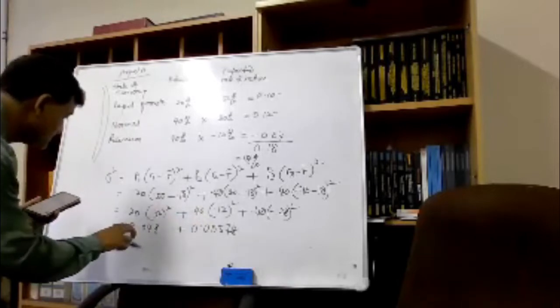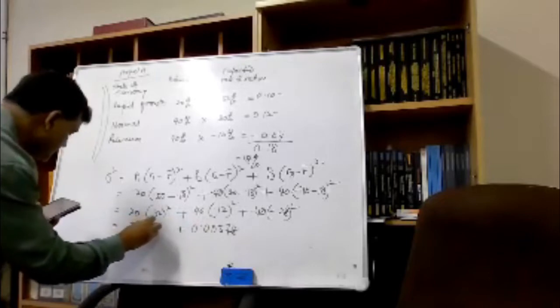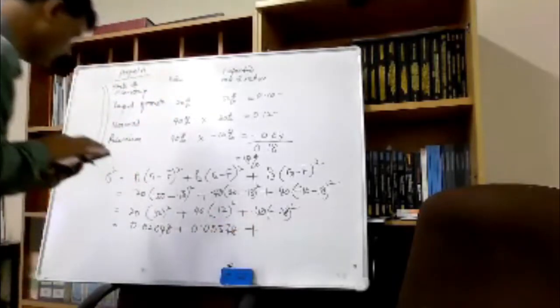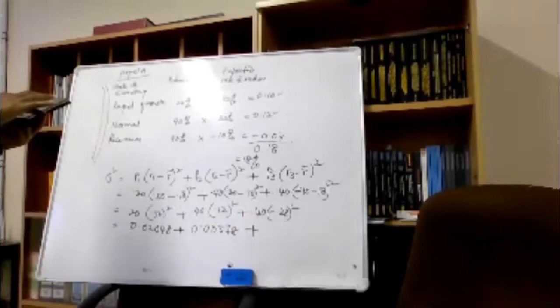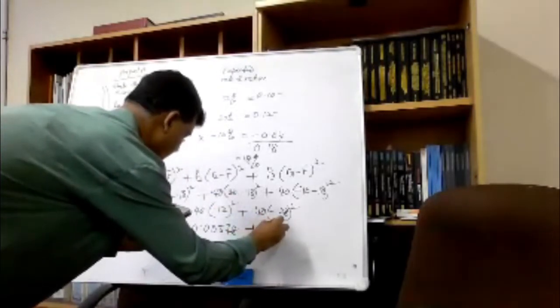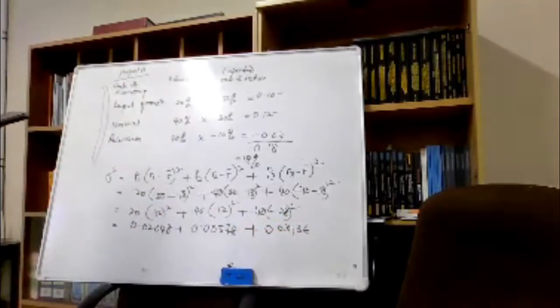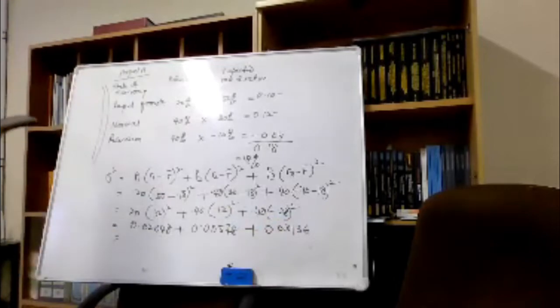This one is not this. This one is 0.02048. Okay, and then this one would be 0.28 multiply 0.28, and multiply 0.4. So you get 0.03136. All right. Can you still see my whiteboard? Right? Yes, you can see the whiteboard. Okay. Now we add these up.